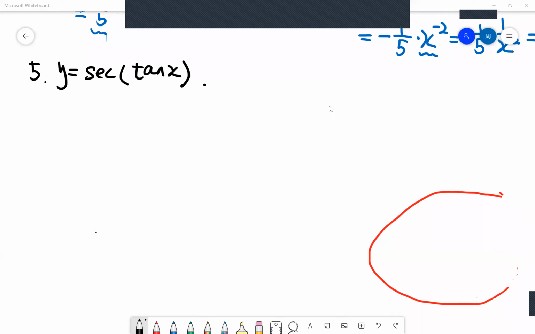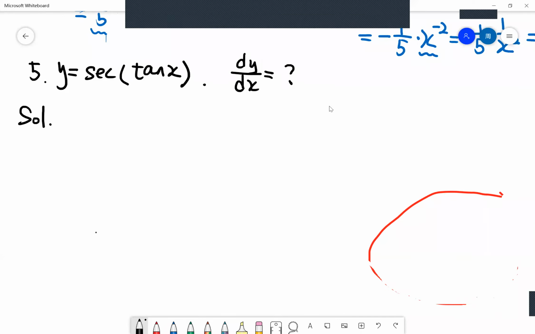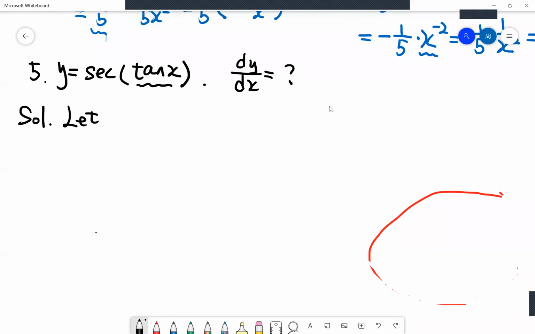Okay, thank you. Okay, now we will find dy by dx here. And now, okay, here you will see first we let the inside function, tangent x, u equals tangent x, and then we let y equals secant u, right?